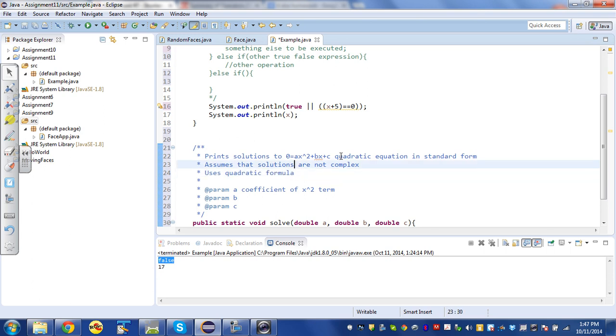Doesn't hurt to say, assumes solutions are not complex, uses the quadratic formula. b is the coefficient of x term. c is the constant coefficient.